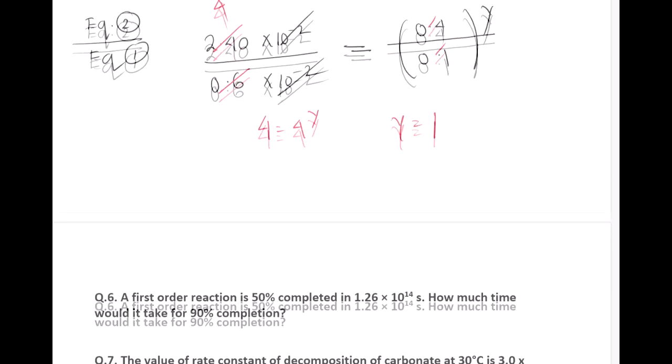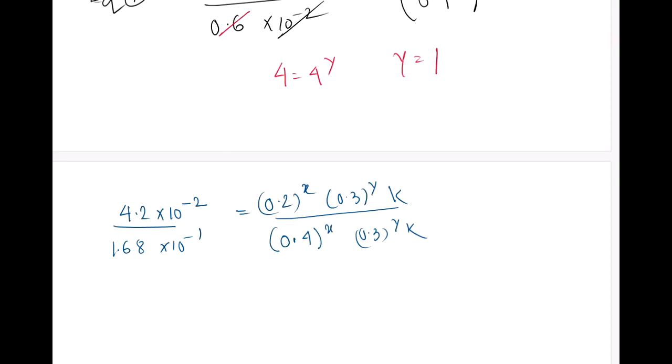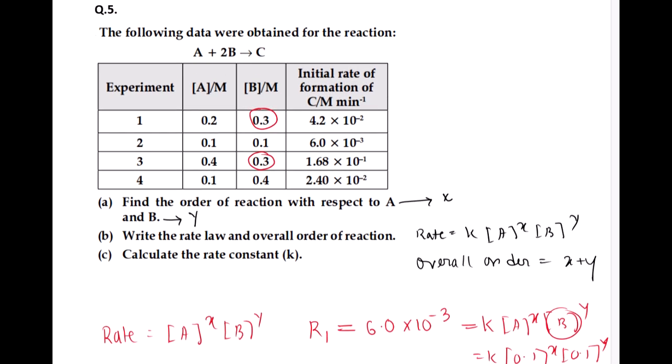We have this rate 4.2 into 10 to the power minus 2, and here B is 0.3, concentration of A is 0.2. Another is 1.68 into 10 to the power minus 1, where B is 0.3 but A is 0.4 in concentration.